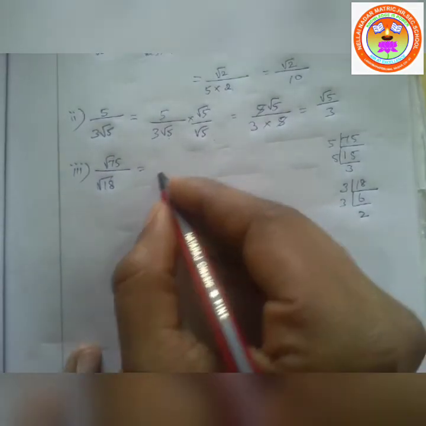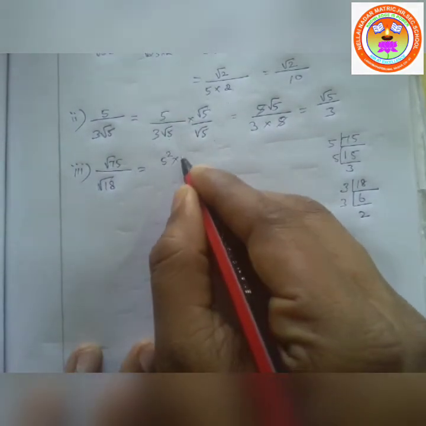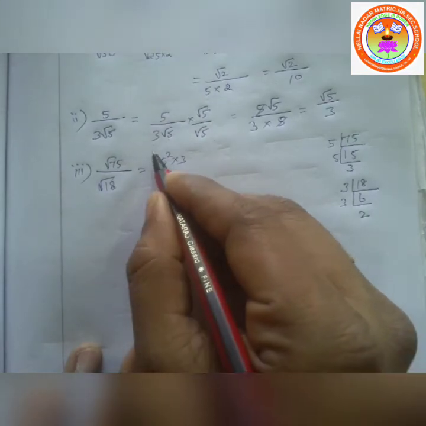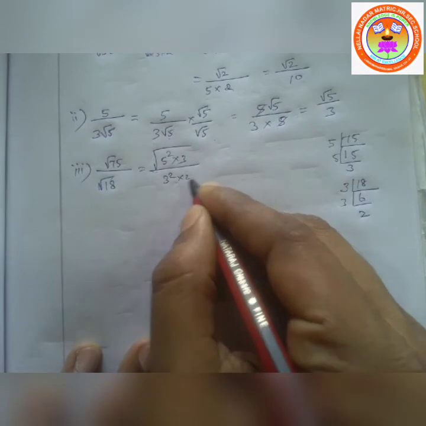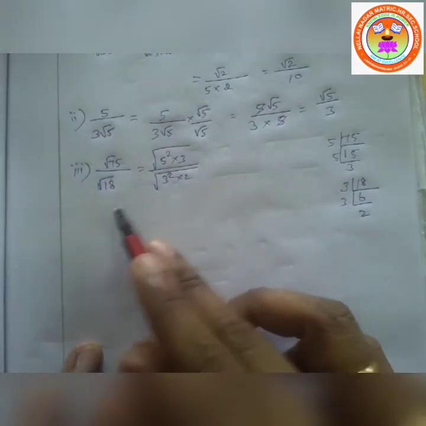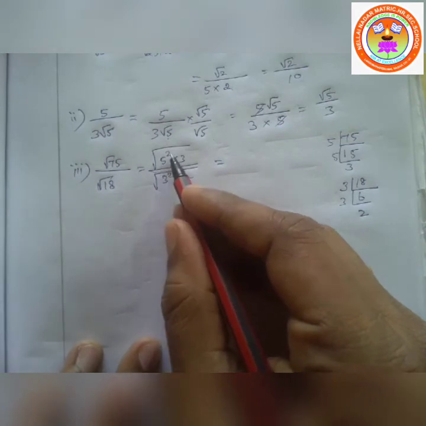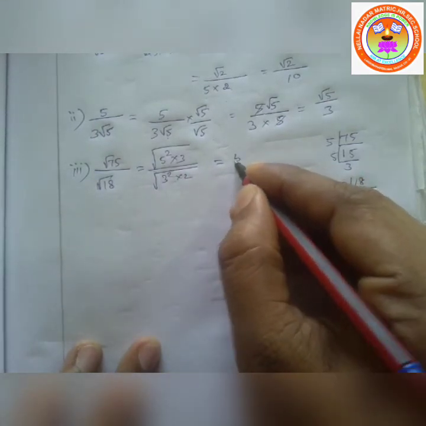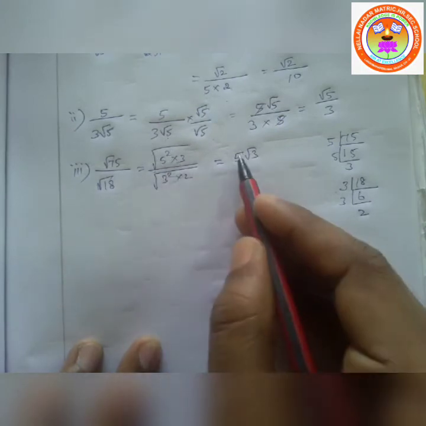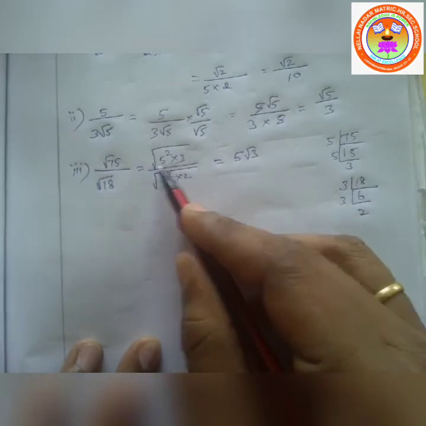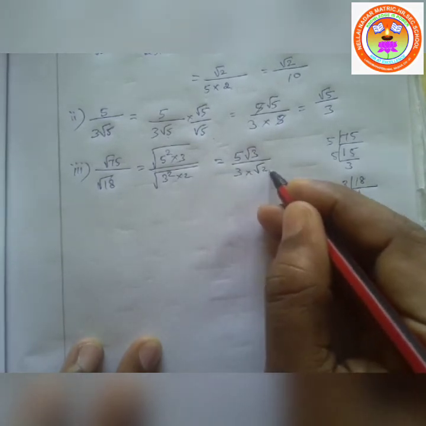So what you are getting here: 5 squared into 3 for 75, and 3 squared into 2 for 18. So the square and square root will get cancelled. We will take 5 outside, so 5 root 3 by 3 root 2.